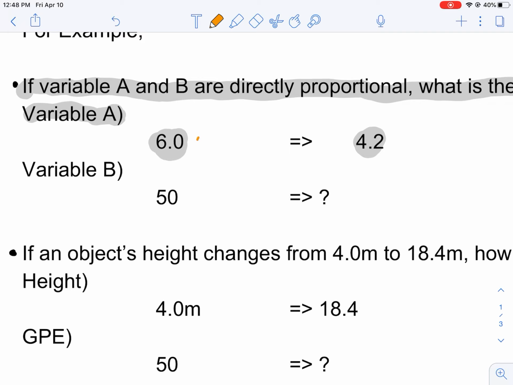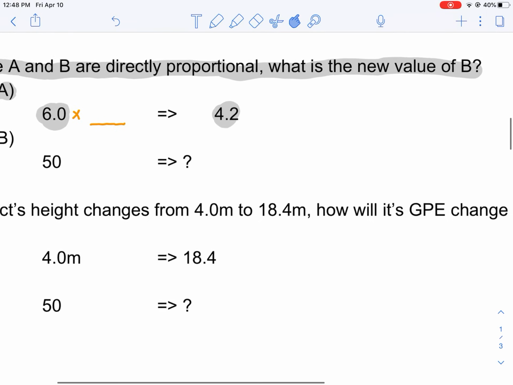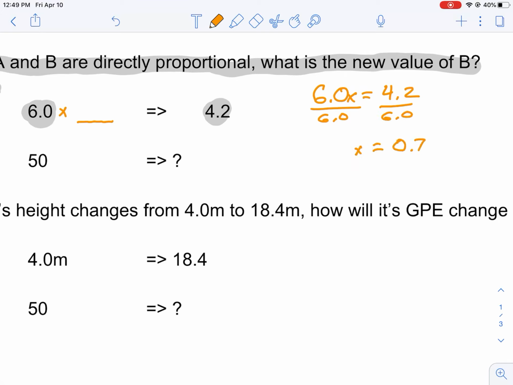So 6.0 is multiplied by what number to get to 4.2? Now, you could just set this up just like a regular algebra equation, like 6.0x equals 4.2, and then you divide both sides by 6.0, and you would get x equals 0.7.